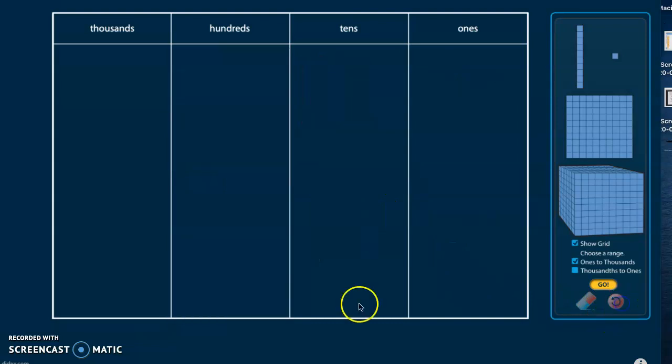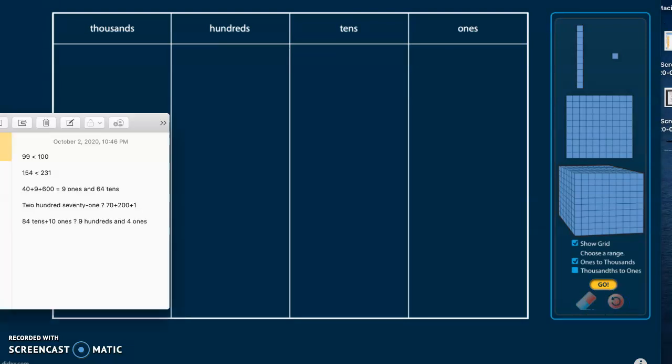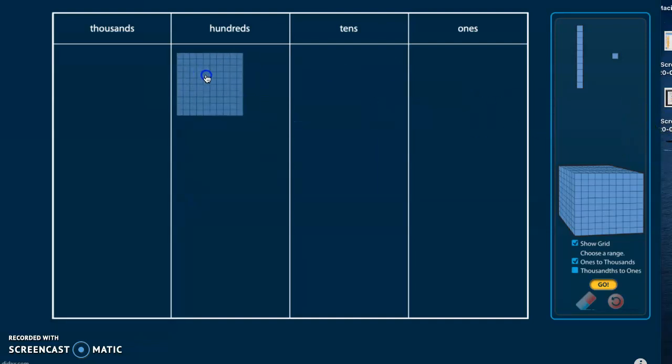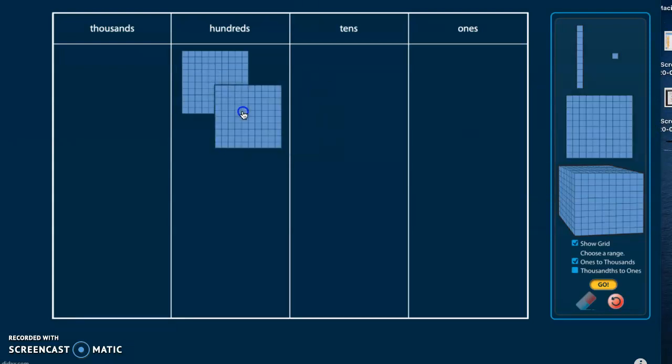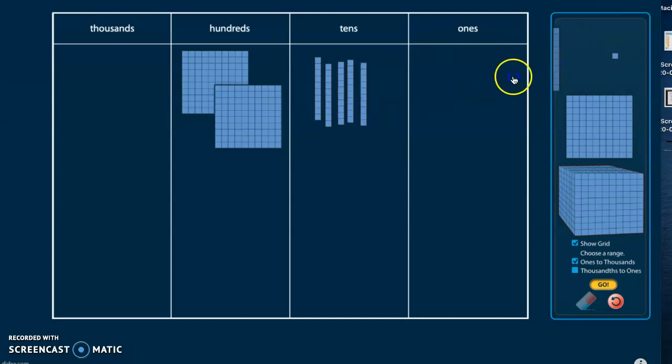All right, our next set of numbers that we are going to compare are 271 and 70 plus 200 plus 1. So our first one, we need 2 hundreds, so 1, 2, 7 tens, 1, 2, 3, 4, 5, 6, 7, and 1.